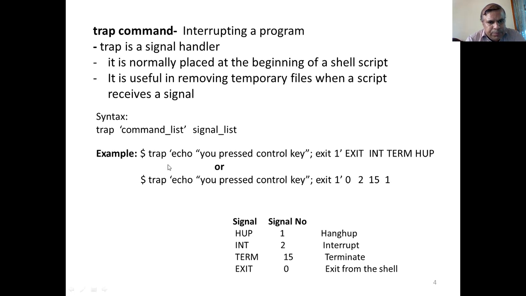So here is an example. Go to the shell prompt and type the command trap followed by the command list. We are executing two commands here: echo 'You pressed control key', then the exit command. They are combined using the semicolon. And then the signal list is EXIT, INT, TERM, and HUP, the signal names for exit, interrupt, terminate, and hang up.